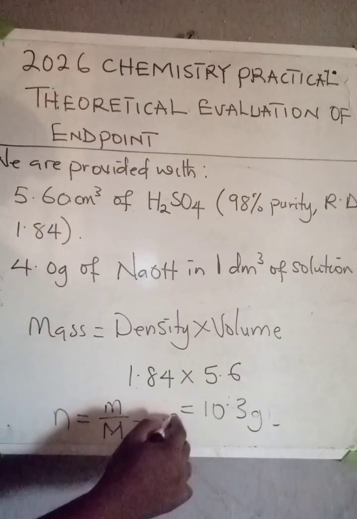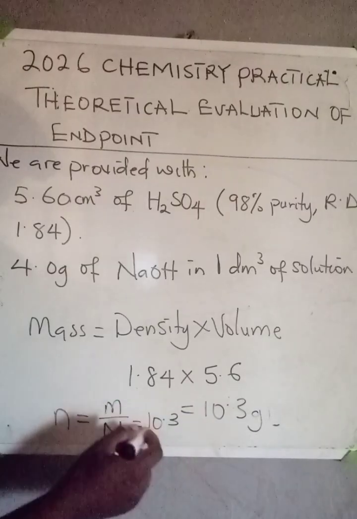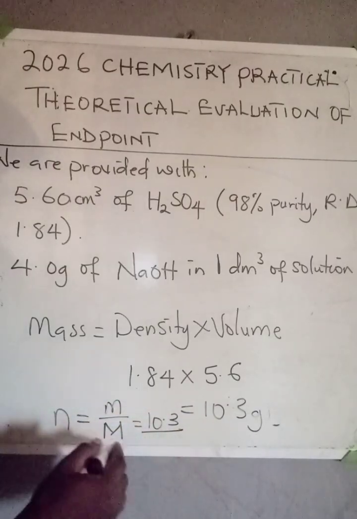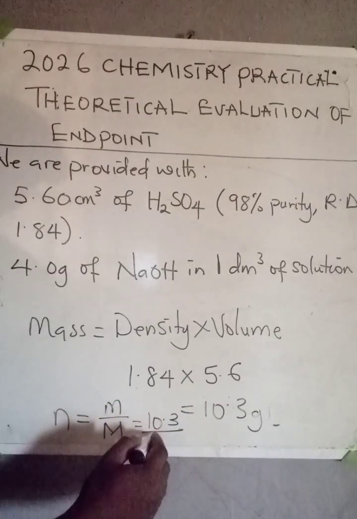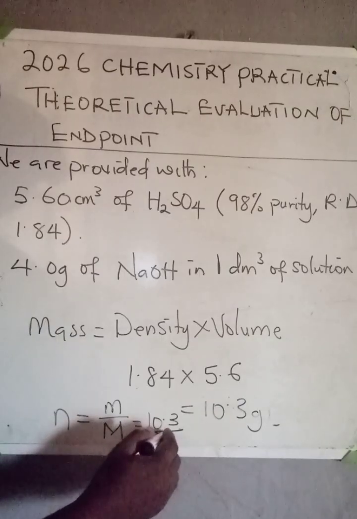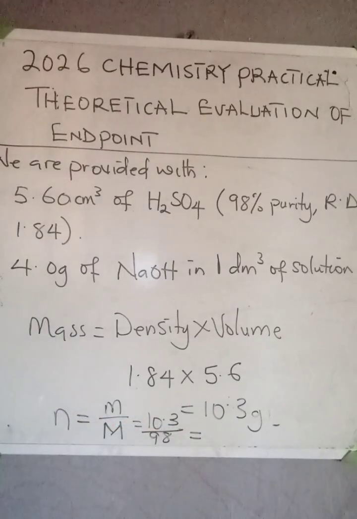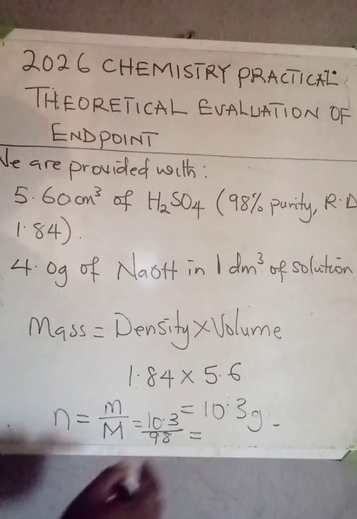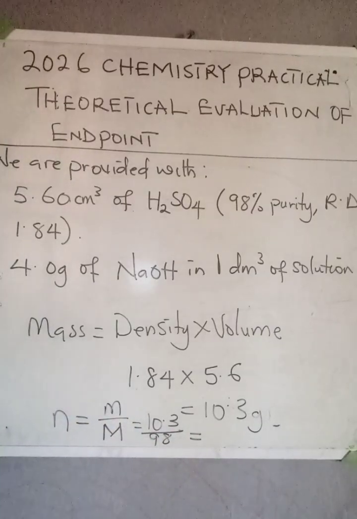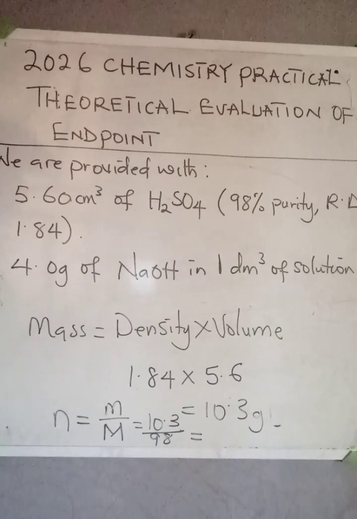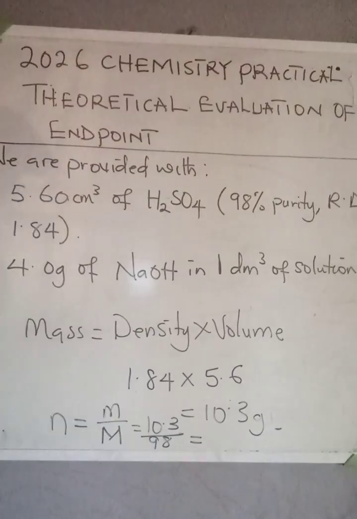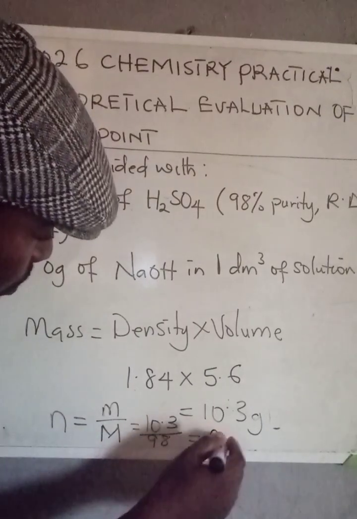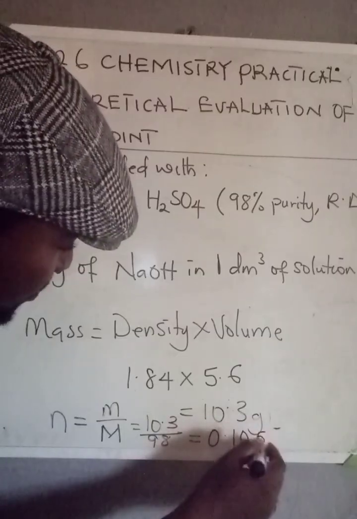So when we have 10.3 divided by the molar mass of sulfuric acid, which is 98, that will give us 0.105 mole.